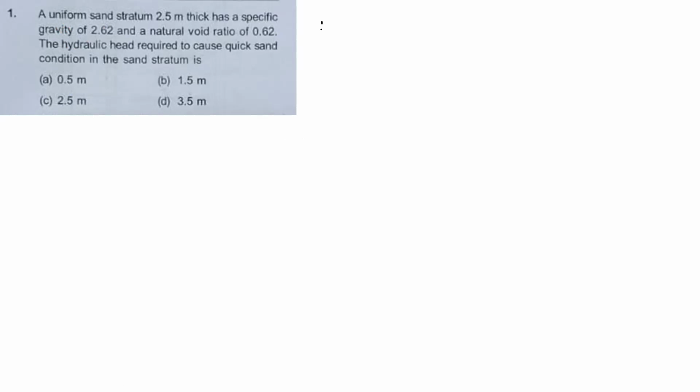So the thickness of the stratum is H equal to 2.5 meter, specific gravity G is equal to 2.62, and the natural void ratio e is equal to 0.62. The hydraulic head required to cause quicksand condition in the sand stratum is?